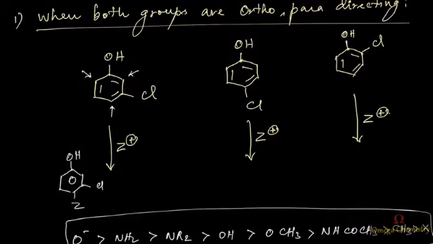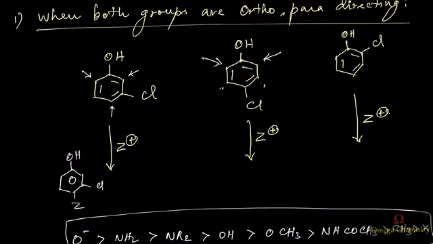When I come to the second case, OH and Cl, the influences are opposite. They are opposing. OH will direct the incoming group to this position, whereas chlorine will direct it to here. But these positions are not favorable, because OH will dominate the directing effect of chlorine.